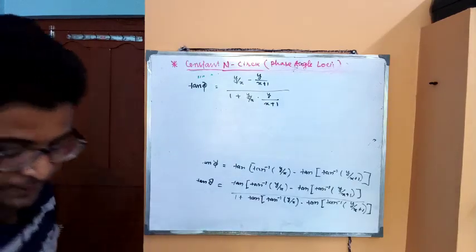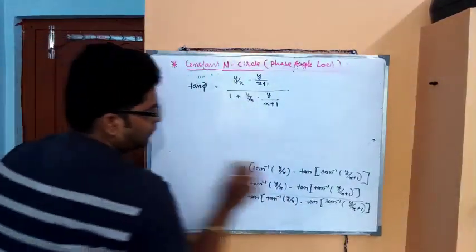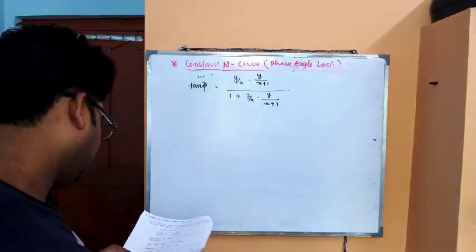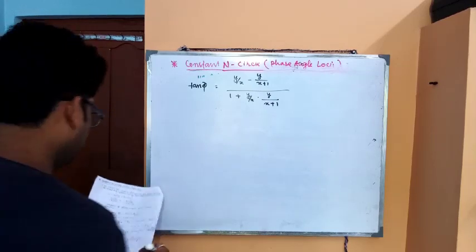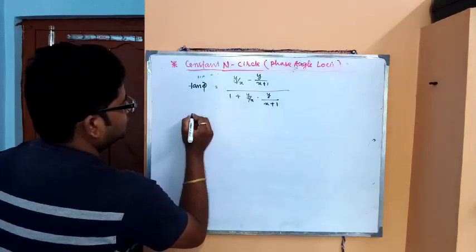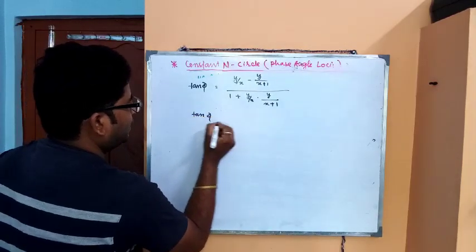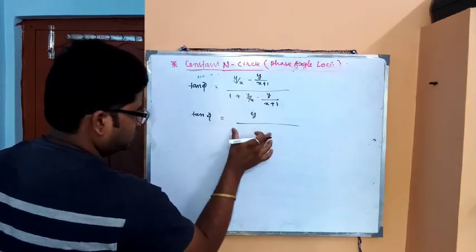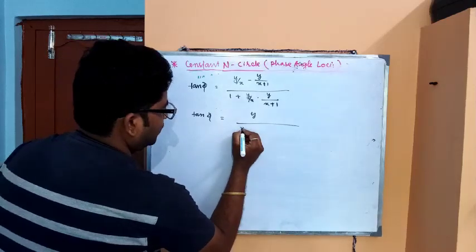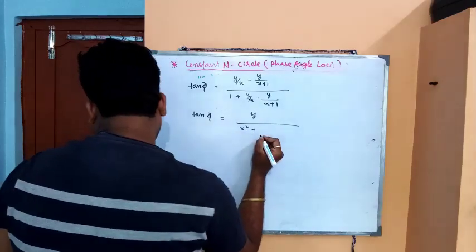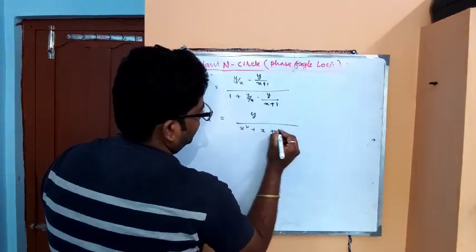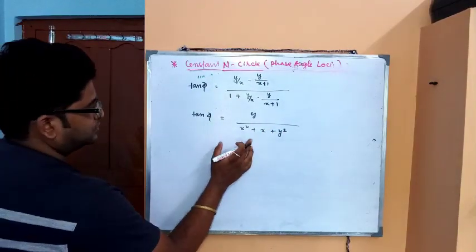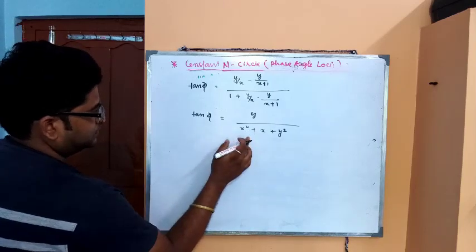Okay. Now simplification of this equation will become tan of phi is equal to y upon (x square plus x plus y square). So after simplification we got the expression like this.